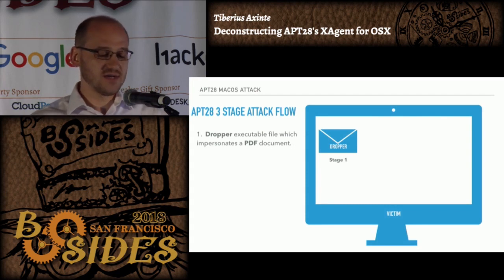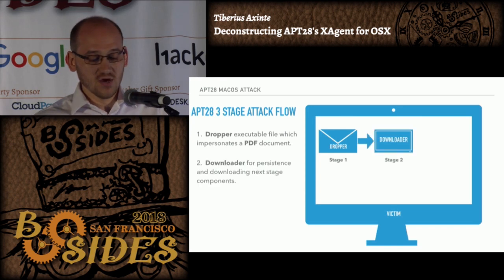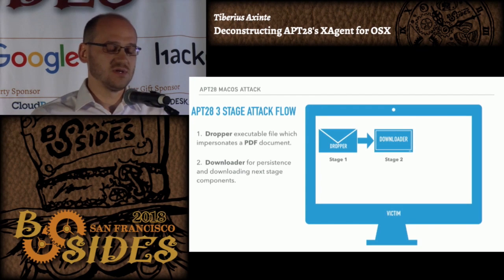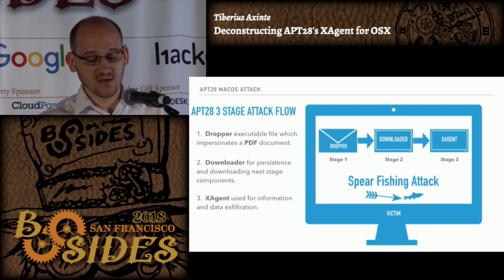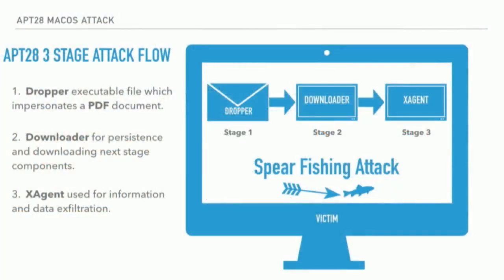But the execution continues in the background with the second stage of the attack, which is the downloader. This sample has to download, execute, and ensure persistence on the system for the third and final stage of the attack, which is XAgent. All these three stages sum up as a spear phishing attack.